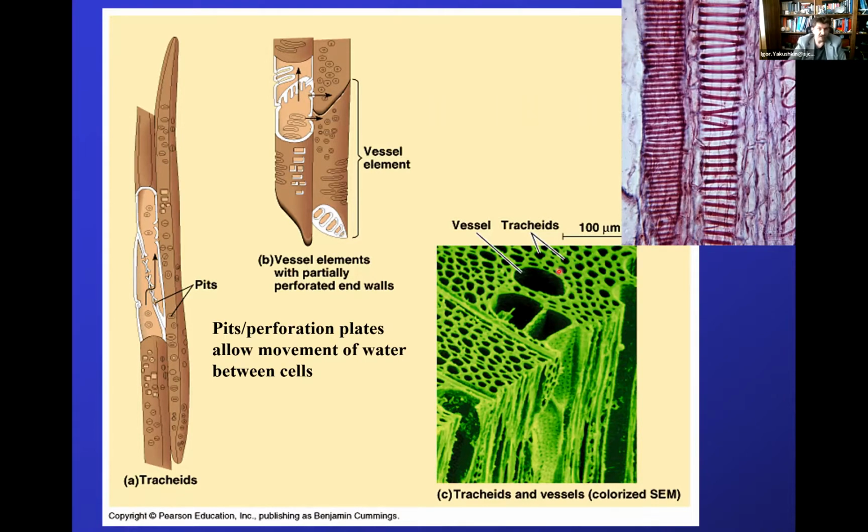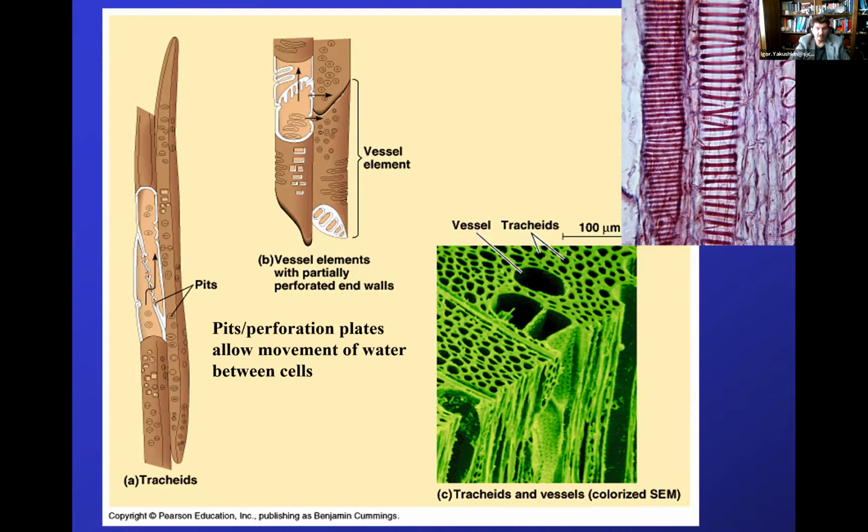A very high amount of pressure in those particular tubes. So to keep them from collapsing, they have to be reinforced, which makes those particular cells die. So whenever you see large diameter vessels, most likely you're looking at the xylem.